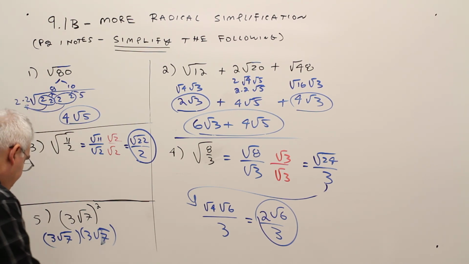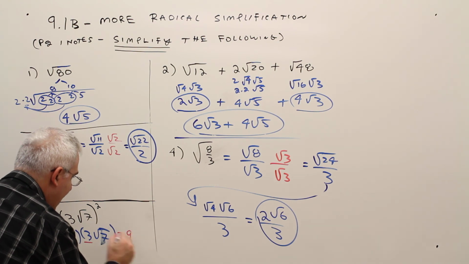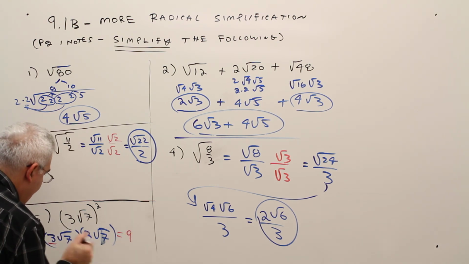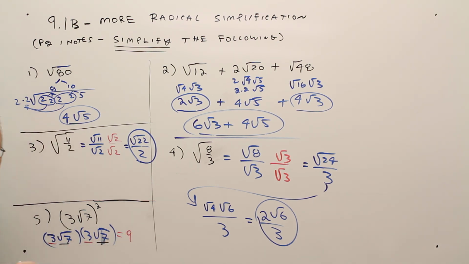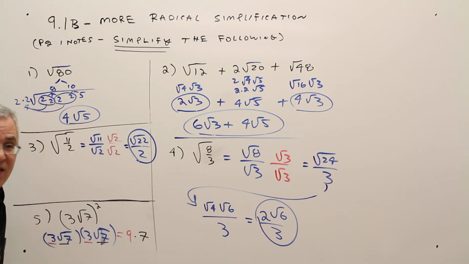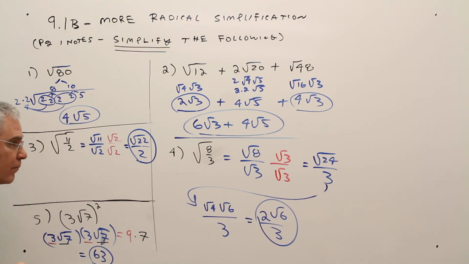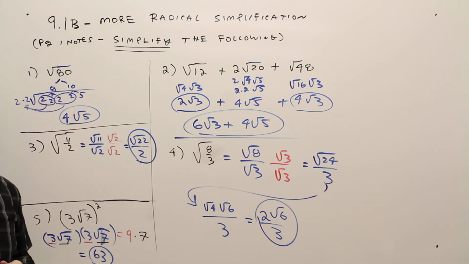So 3 by 3 is a 9, and rad 7 by rad 7 is a 7. And then 9 times 7 is simply 63. Whew. And there you have it. 5 more examples on simplifying radicals.